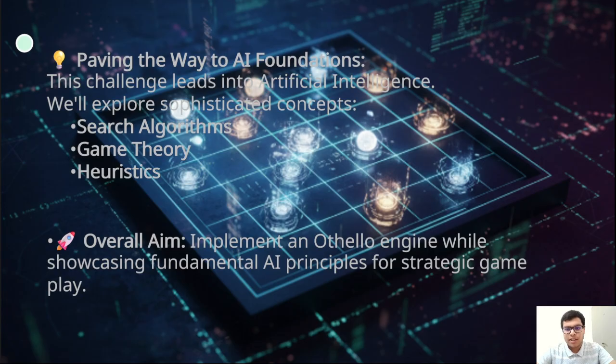Heuristics, the keyword, are the practical rules of thumb that computers use to evaluate the board and complex situations quickly. So our overall aim is not just to build a game, but to use Othello as a powerful case study to understand and apply these fundamental AI principles for strategic games. Besides, we'll also learn a lot of syntax and coding concepts in C++.